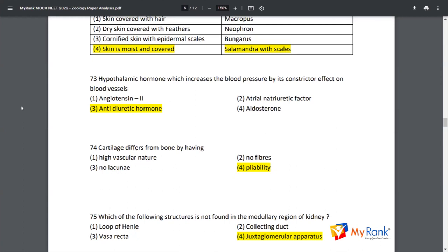So vasopressin, also called antidiuretic hormone. Antidiuretic hormone or vasopressin is responsible for the vasoconstriction, narrowing of blood vessels, which further results in the increase of blood pressure. So antidiuretic hormone.